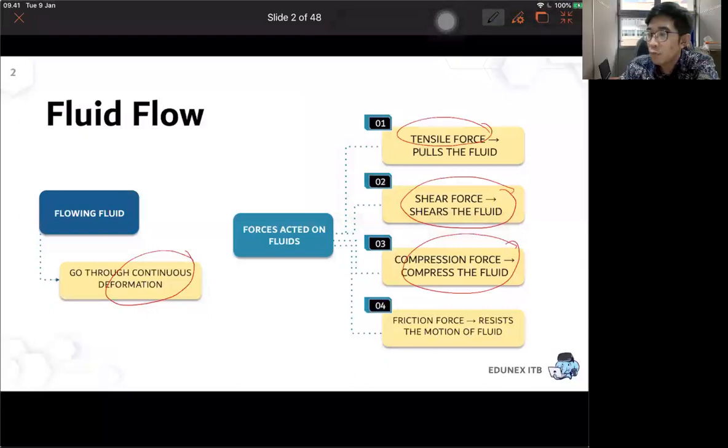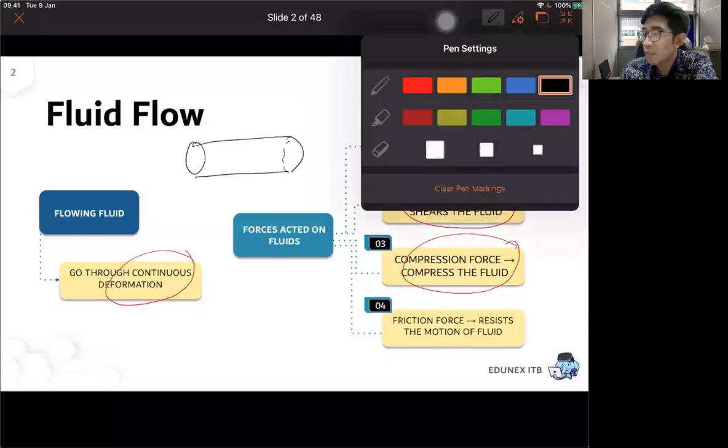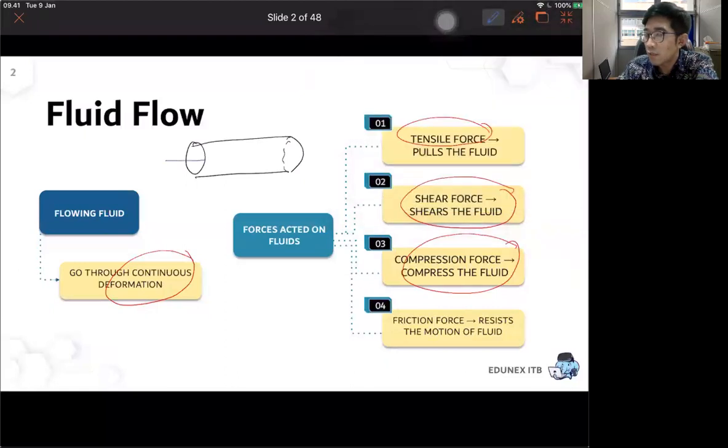Yeah. So if you have a pipe, then fluid is flowing in this direction from left to right. So the tensile force, the position is here. It pulls the fluid. The compression force compresses the fluid, mendorong atau menekan.